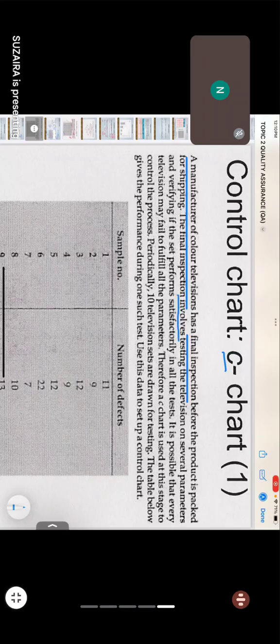So the final inspection involves testing the television on several parameters, which is to identify any kinds of defect on a single product and verify if the set performs satisfactorily in all the tests. Okay, it is possible that every television may fail to fulfill all the parameters.